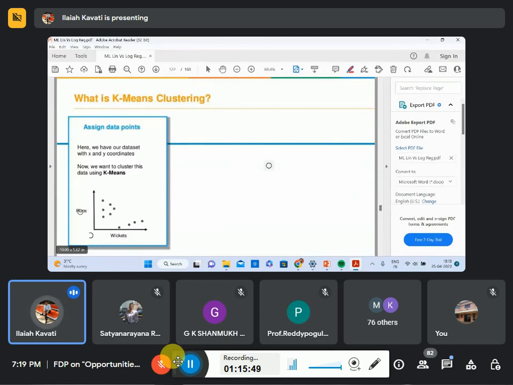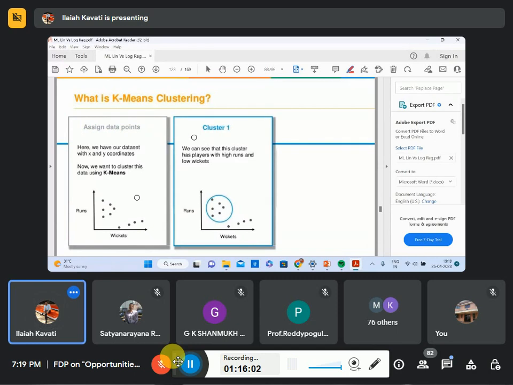Now on the x-axis we have wickets, and on the y-axis we have runs, right? Now we need to divide them into two clusters using the K-means algorithm. In cluster 1, you can see they scored more runs. The working I will explain in the next slides.